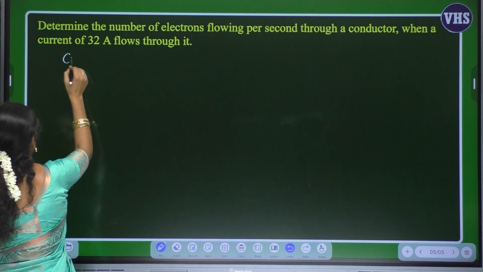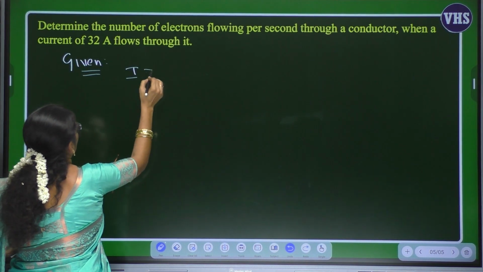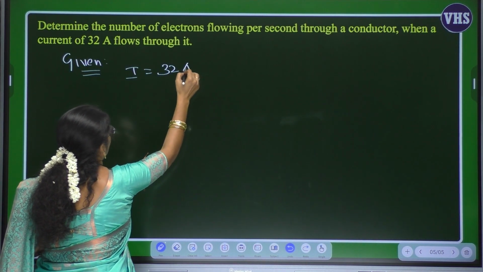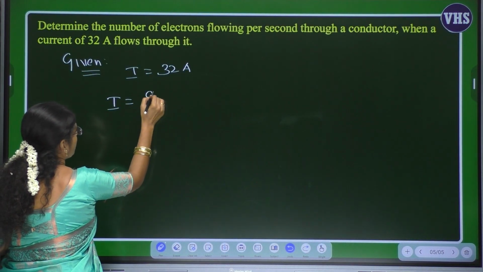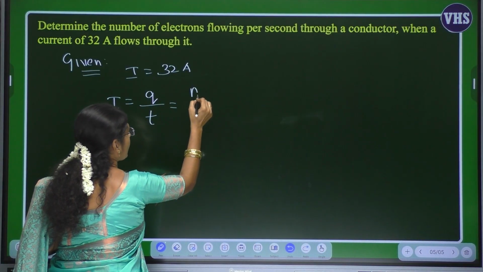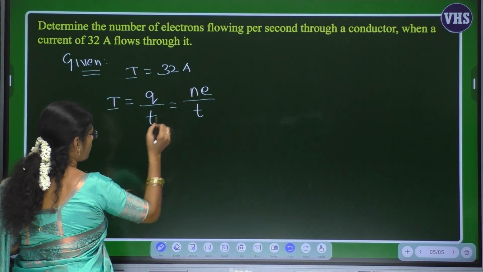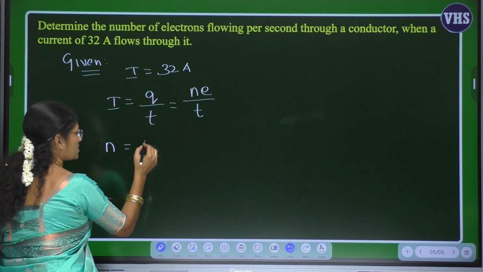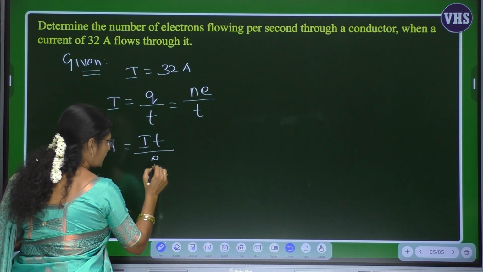Okay. So what are the given values? I is equal to 32 amps. Okay. So formula I is equal to Q by T. So for that Q, what formula can we substitute? n into e divided by t. So what do we need? We need the value of n. So how does the formula interchange? n is equal to I into t divided by e.